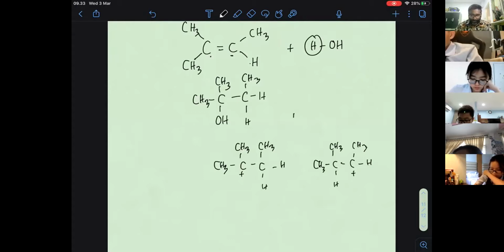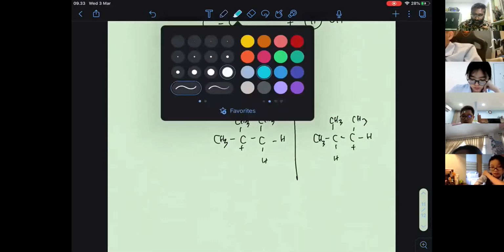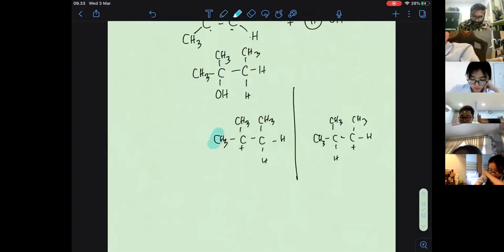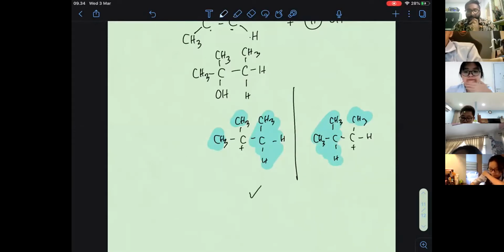So you compare what kind of carbocation this is. The carbocation over here is a tertiary carbocation, and the carbocation here is only a secondary carbocation. So the carbocation here is more stable compared to the carbocation over here, therefore this product is going to be formed.